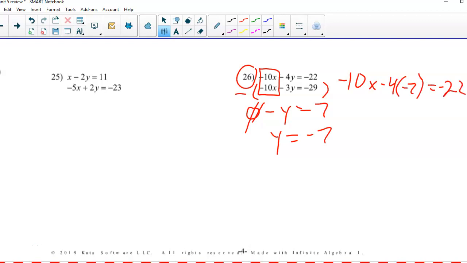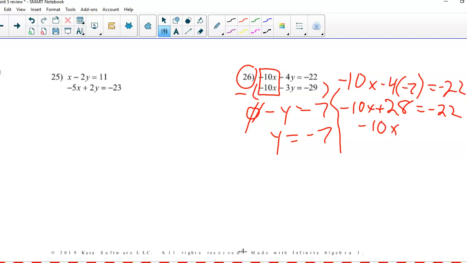I'm going to choose the first one. Negative 4 times negative 7 is 28. And then how would we solve for x? Subtract 28.